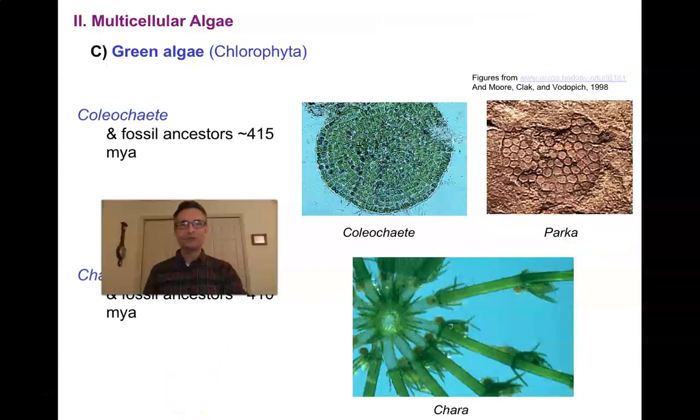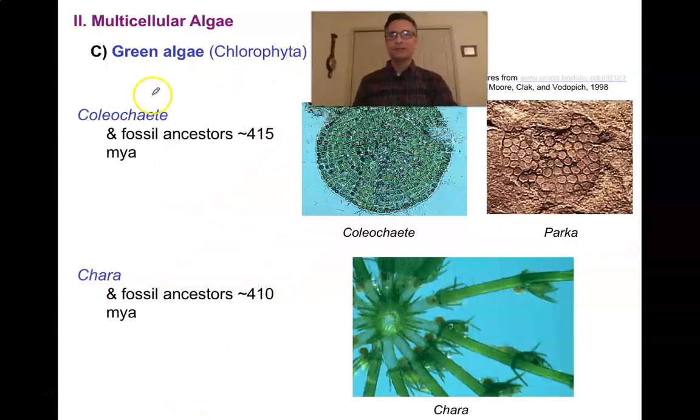Oh, but first, we need to take a quick look at what these genera look like. So here is a modern Coleochaete picture. You can see that it's a group of cells in a disc. They can be about the size of a quarter or a little bit bigger. And they have fossil ancestors that go back at least 415 million years. So this is still, of course, after land plants evolved, but it at least indicates that they have very old ancestors.